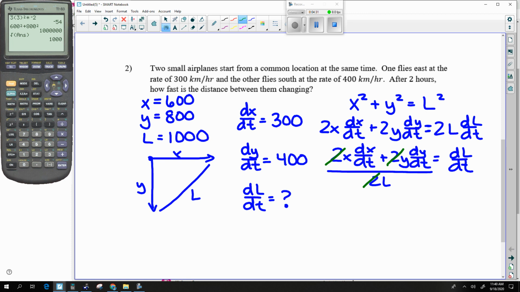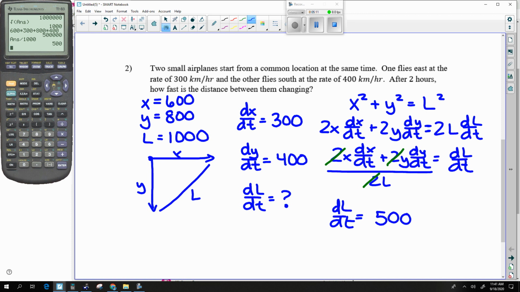So the numerator is x times dx plus y times dy, divided by L. So dL/dt is equal to 500.